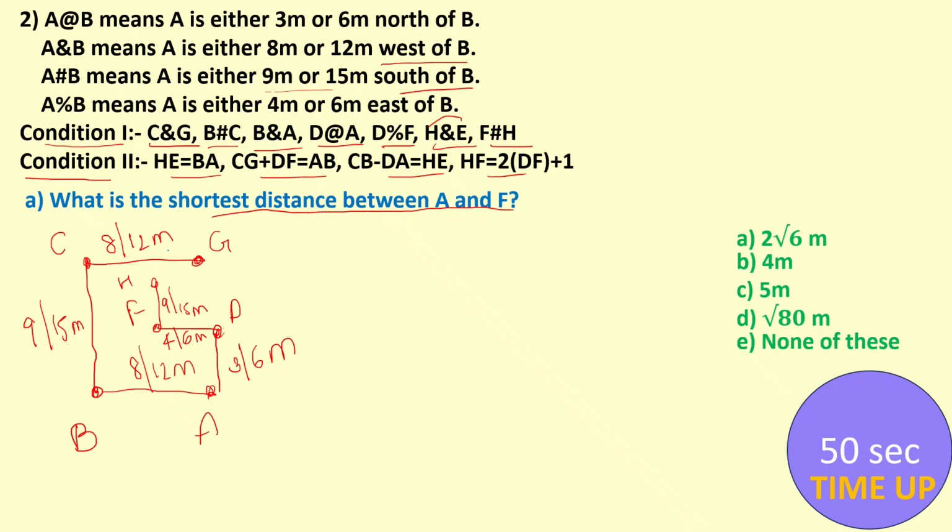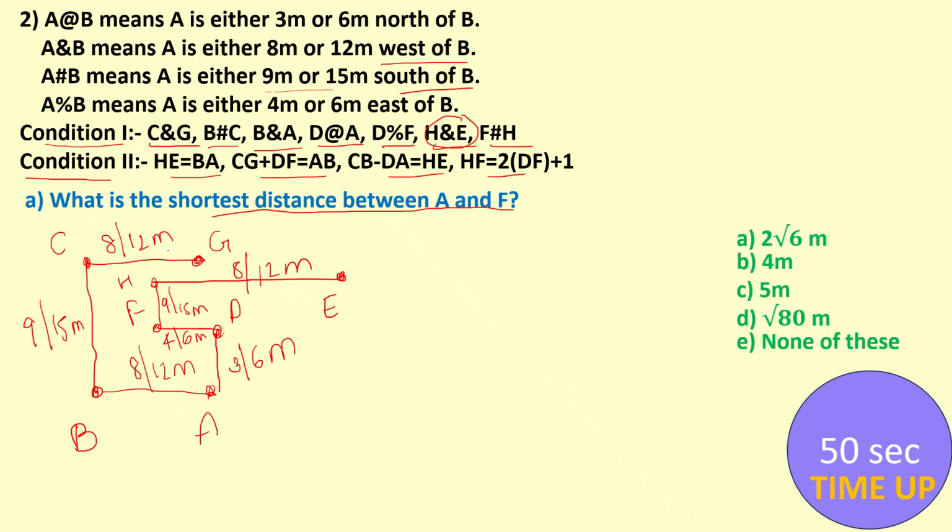Then draw this H and E. H and E means H is west of E by 8 or 12 meter. So I'll draw E somewhere here. So we don't know the distance between any points as confirmed. So we need to find out from the second condition.